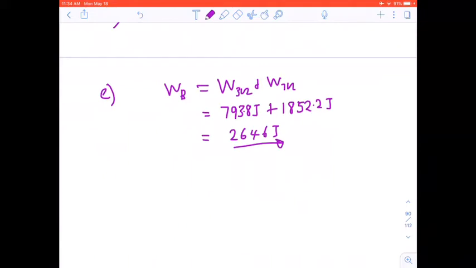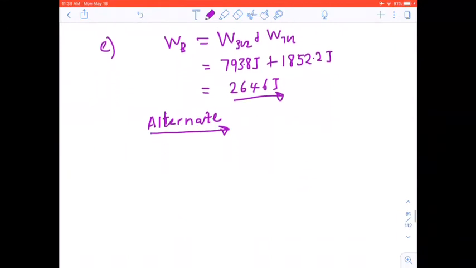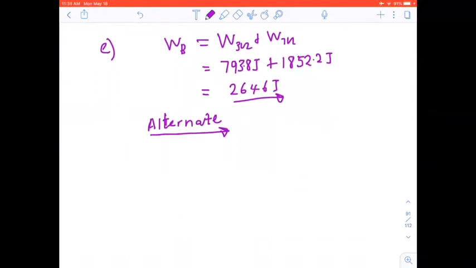But let's just double check this and verify it. Let's look at an alternate way of looking at it. We know how much is supplied to these components, but let's look at the battery.